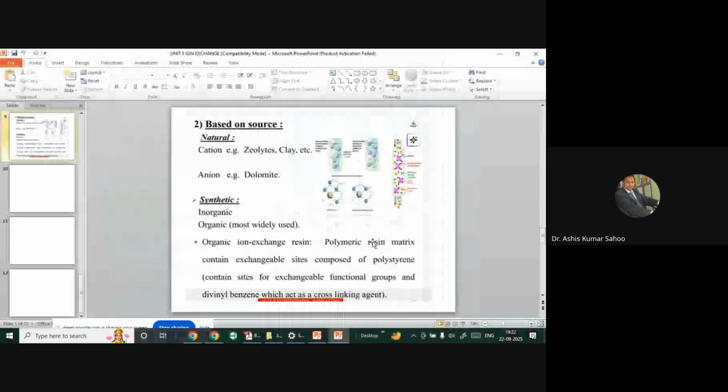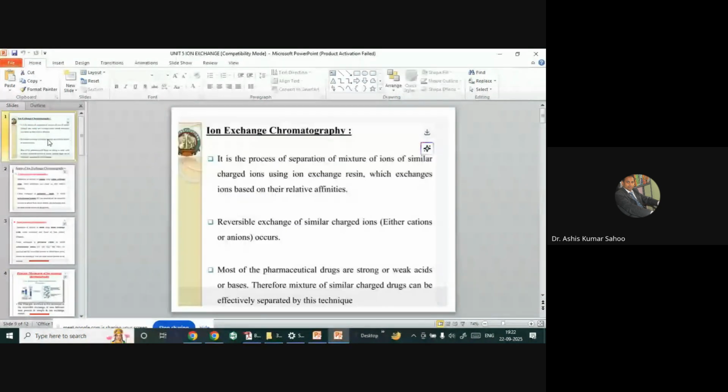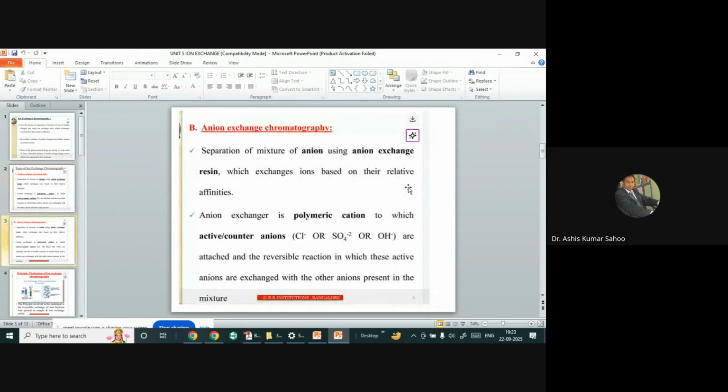So this is available. In the ion exchange method, we can use cation exchange chromatography or anion exchange chromatography.